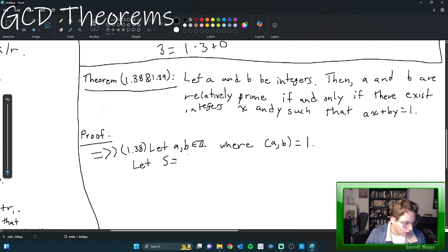So we're going to let this set S equal am plus bn, where m and n are integers, and this sum is greater than 0.